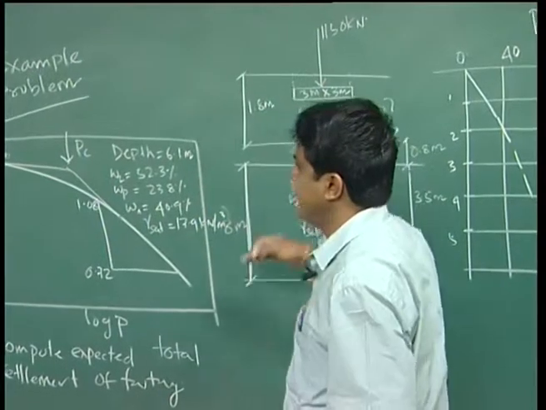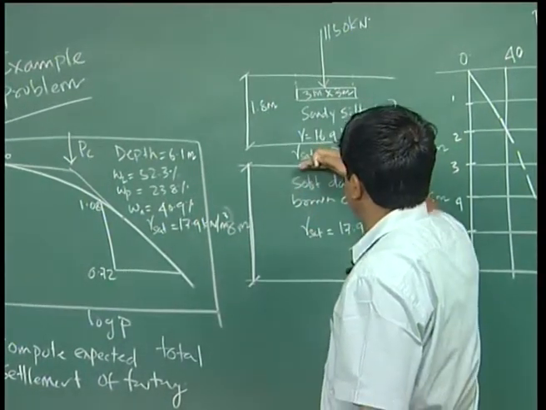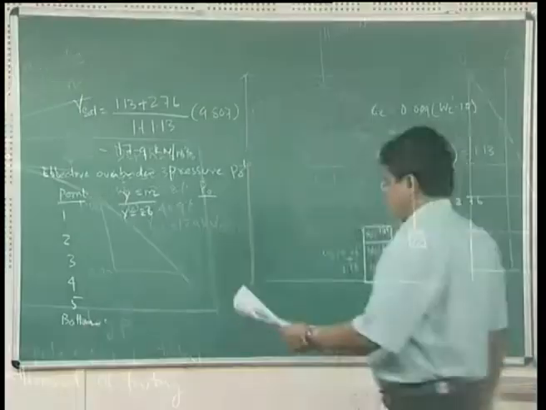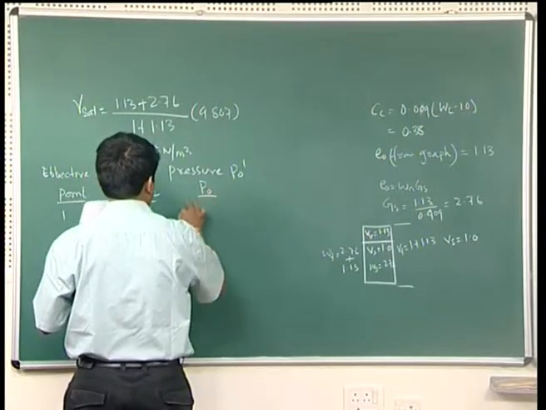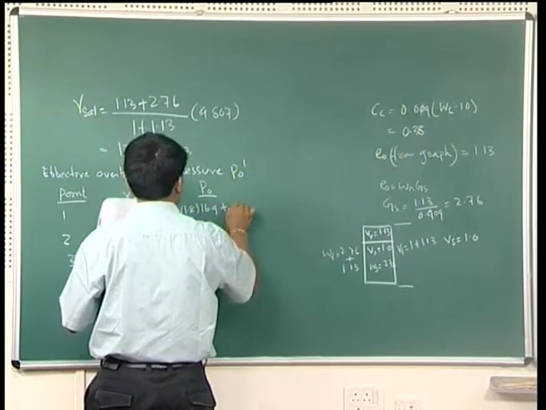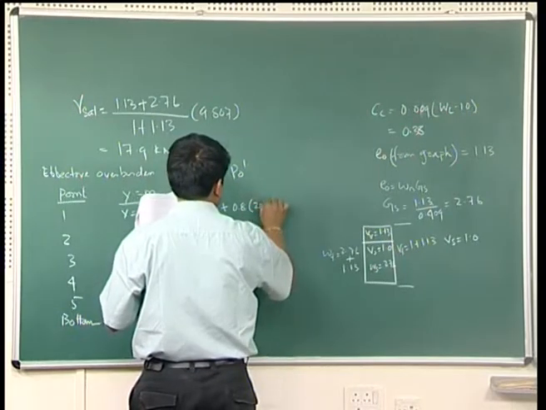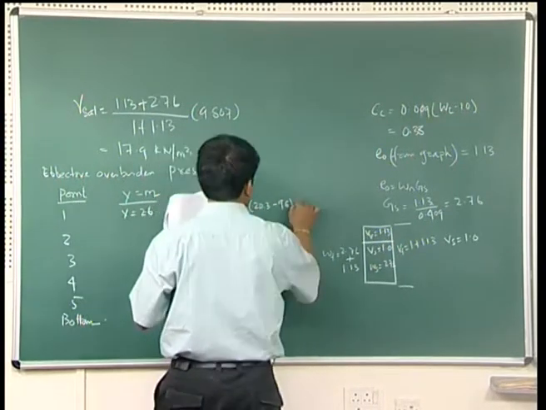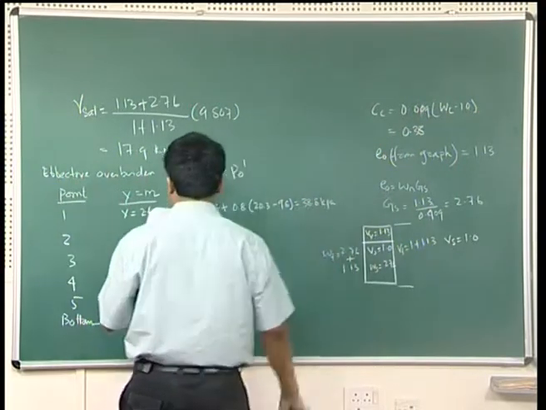This layer has been divided into 5 parts. You see, from here we will start it. Now, at y is equal to 2.6, P0 is equal to 1.8 into 16.9 plus 0.8 into 20.3 minus 9.8, which is equal to 38.8 kPa.